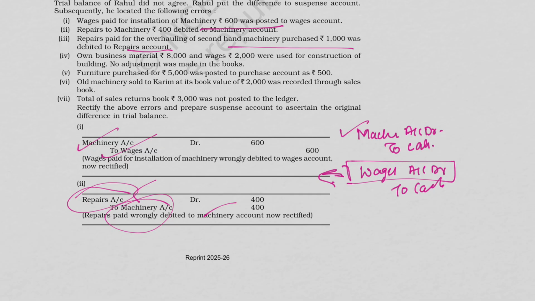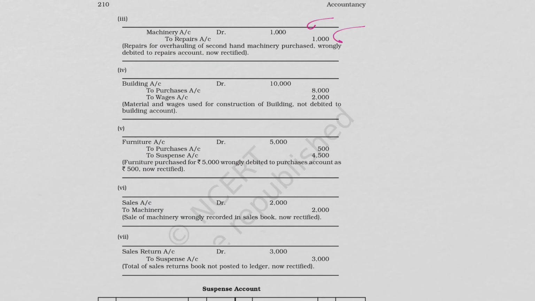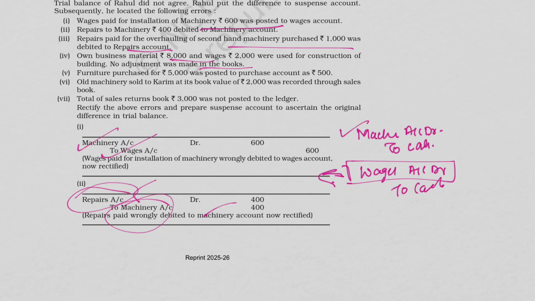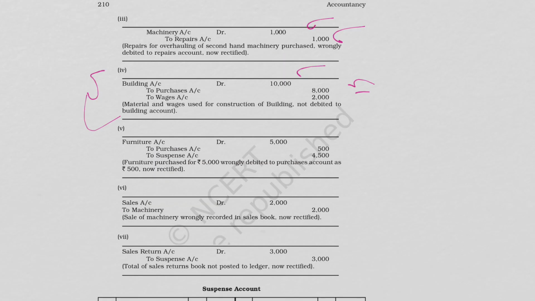Own business material rupees 8000 and wages 2000 were used for construction of building. No adjustment was made in this book. So basically this entry has been omitted. So we'll pass the entry building account debit to purchases to wages. Total of sales return book 3000 was not posted to ledger.